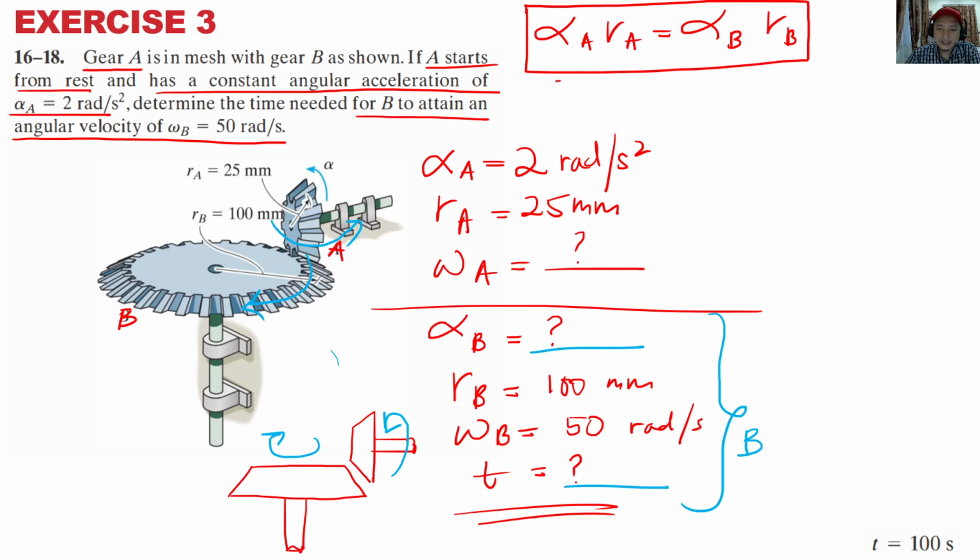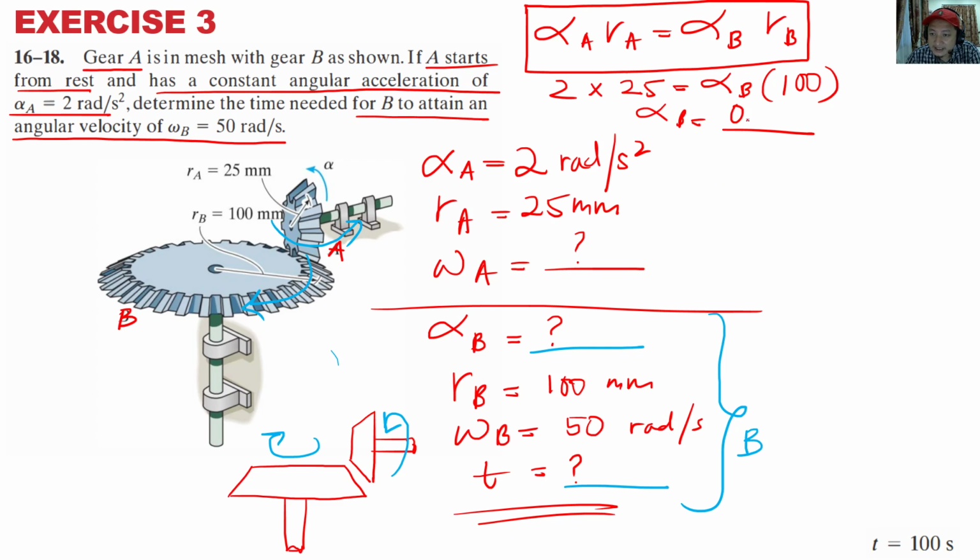So alpha A is 2. Radius is 25. Alpha B you don't know, but the radius you know is 100. So you're going to get alpha B as 25 times 2 divided by 100.